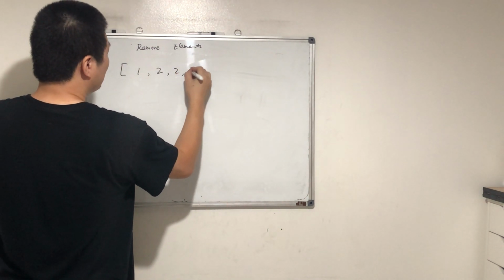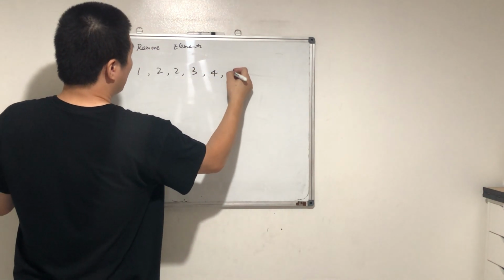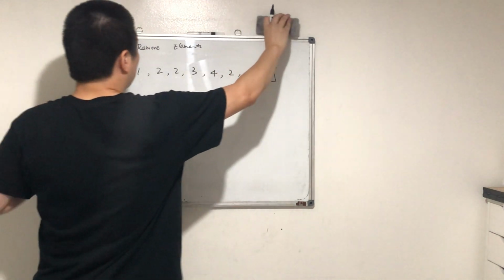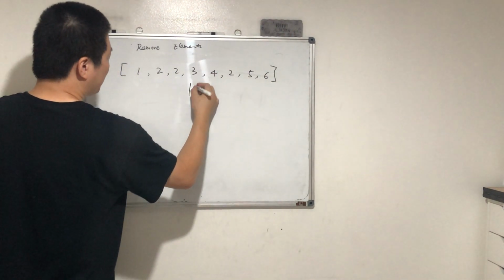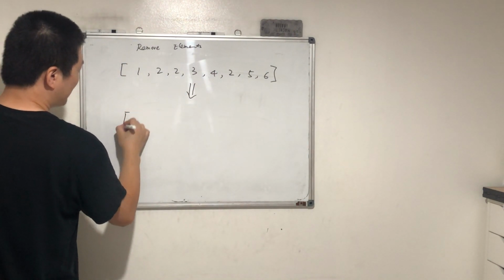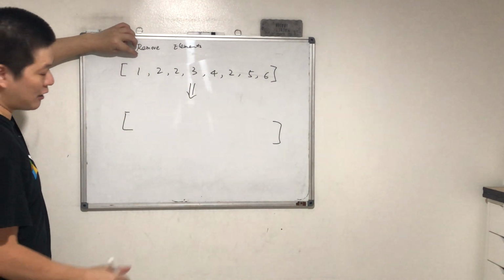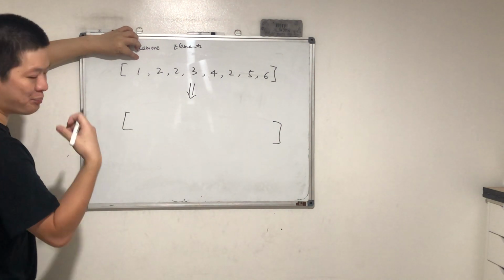Take the array 1, 2, 2, 3, 4, 2, 5, 6. Because we are doing it in place, let's put elements in the same array.